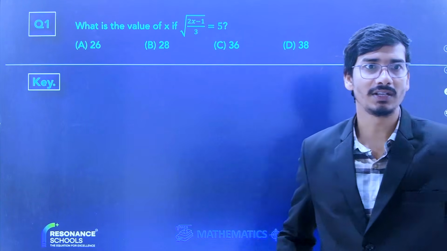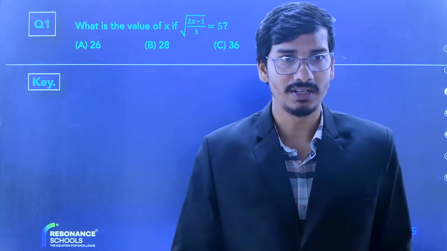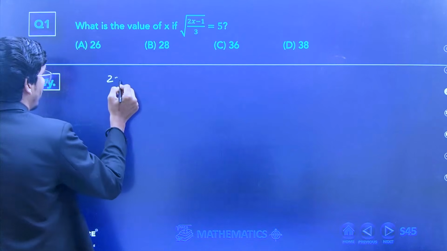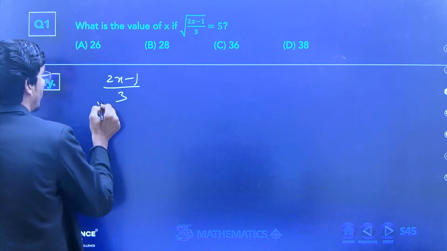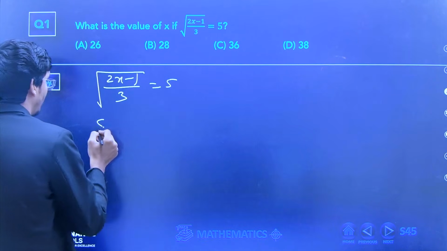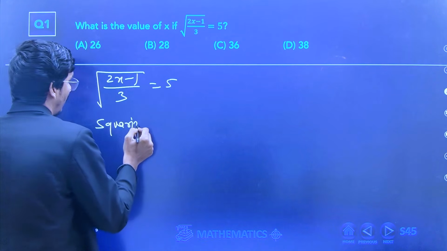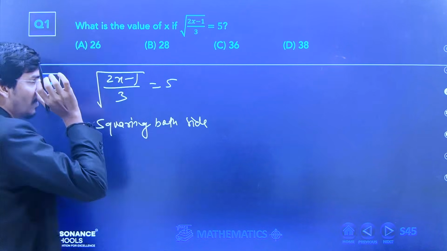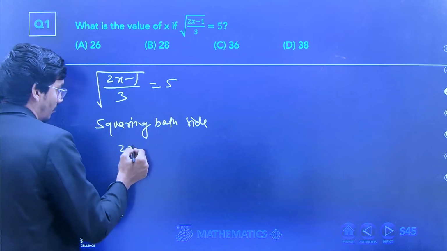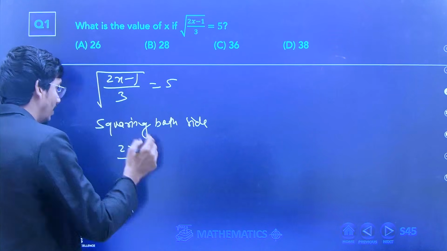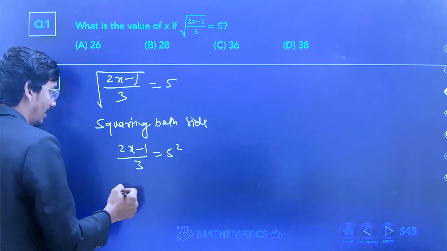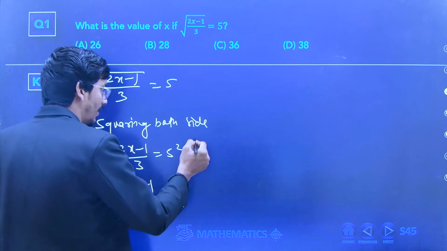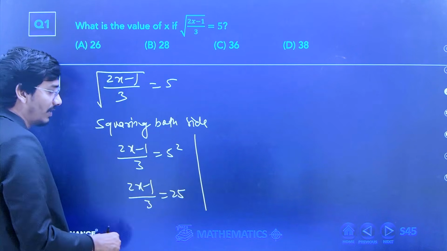So one side is a root quantity and the other side is not a root quantity. So first of all, squaring both sides. The square root of (2x minus 1) by 3, squared, equals 5 squared. When you are squaring both sides, the root will cancel. So (2x minus 1) by 3 equals 5 squared, that is, (2x minus 1) by 3 equals 25. The 3 will go to the right-hand side.